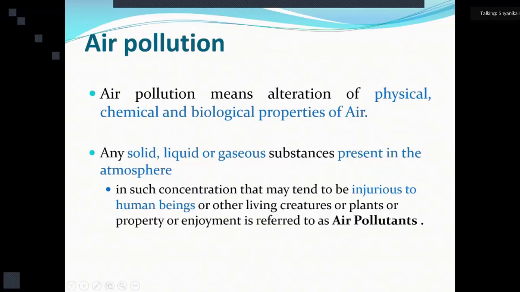Now, we will start with this air pollution. Air pollution means alteration of physical, chemical, and biological properties of the air. Because of this, we can say any solid, liquid, or gaseous substances present in the atmosphere in such a concentration that may tend to be injurious to human beings and other living organisms.